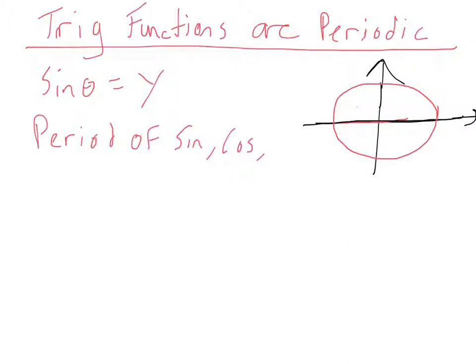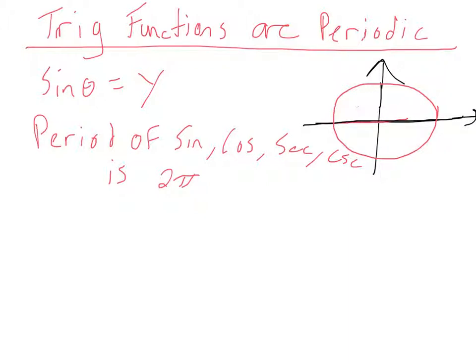They also repeat every 2 pi. Any function based on a function that's periodic has the same period. So sine, cosine, secant, and cosecant all have a period of 2 pi. They repeat every 360 degrees.